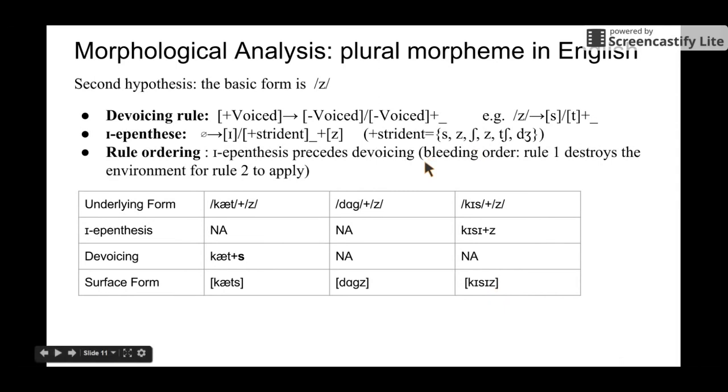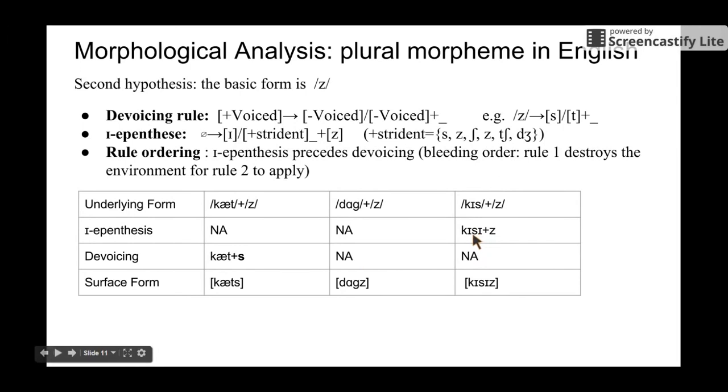I forgot to tell you about this bleeding order. It's like the opposite of feeding order. For bleeding order, the first rule will destroy the environment for the second rule to apply. So here, the vowel insertion will destroy the environment for the devoicing rule to apply, right?